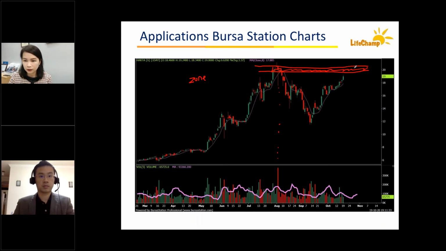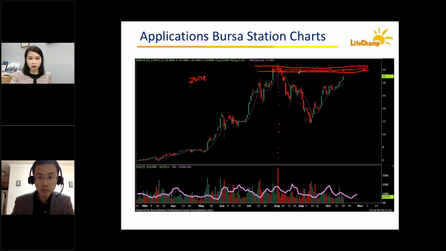So you may not easily break through this price range. I don't know what price that is, but it is difficult. If you can break it, it will go to another level. Most likely you will test a few times before you can break it, so you'll find the resistance over here.